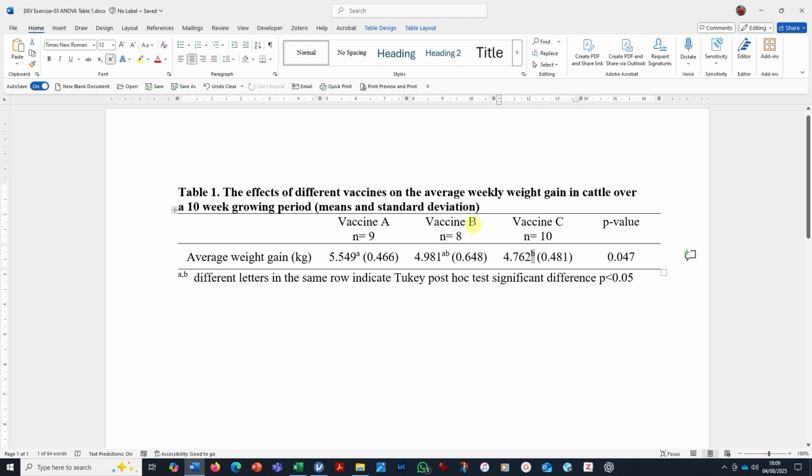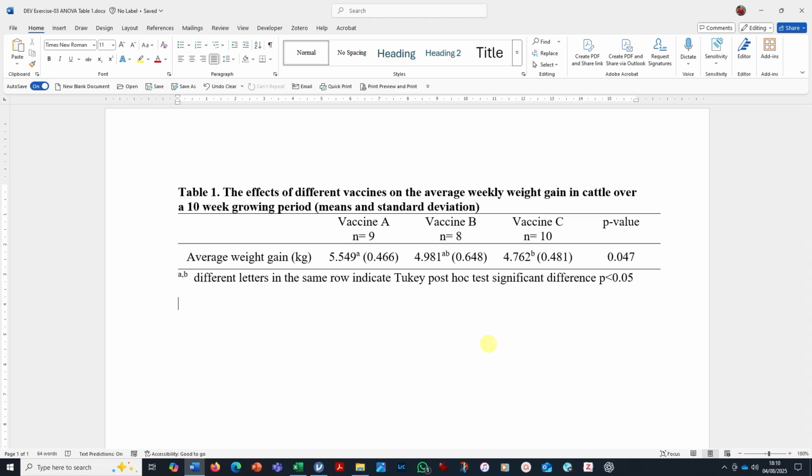But vaccine B is not different from A. So that gets another A, and it's not different from this group in B. It's almost like we've got two groups here, like a Venn diagram, and only vaccine B is between them both. So here we've got A, AB, and B. And that's a really neat way to present your table.